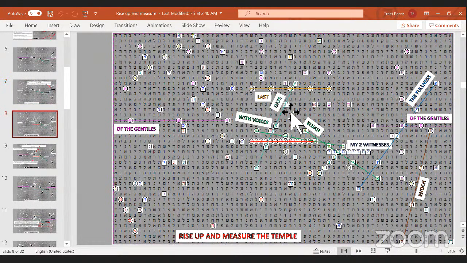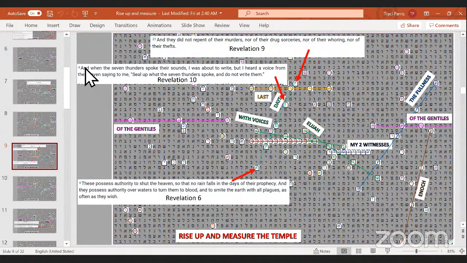Then last days runs through rise up and measure the temple. And they did not repent of their murders, nor their drug sorceries, nor of their whoring, nor of their thefts.